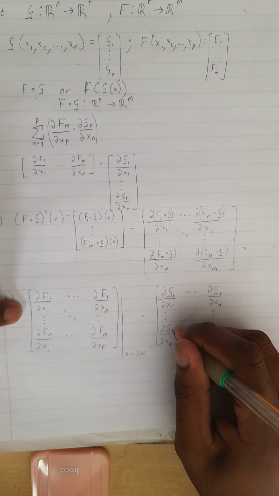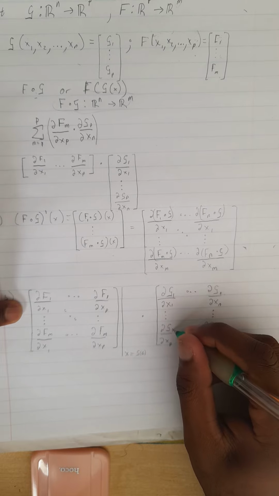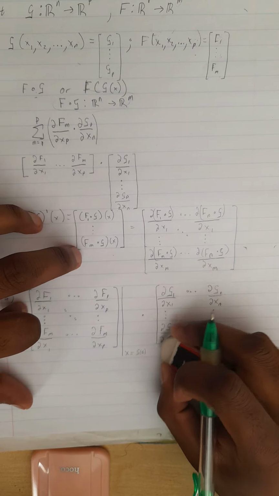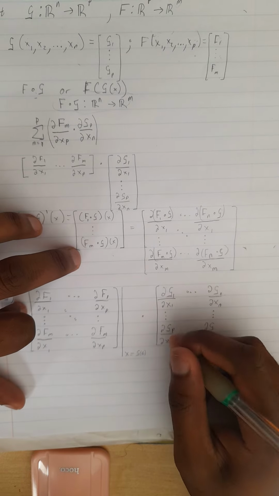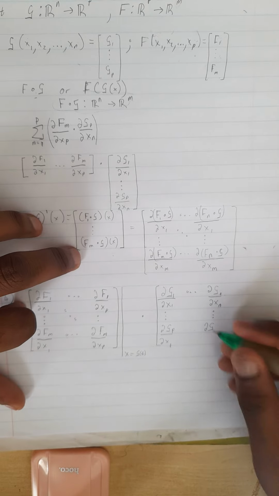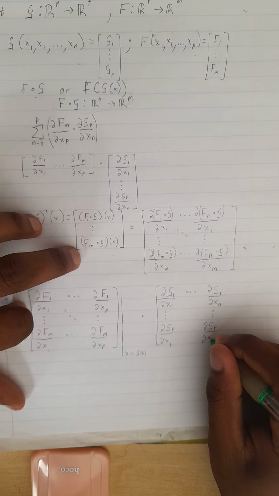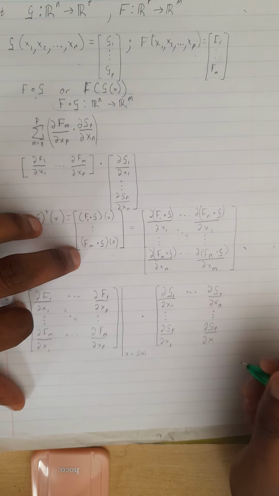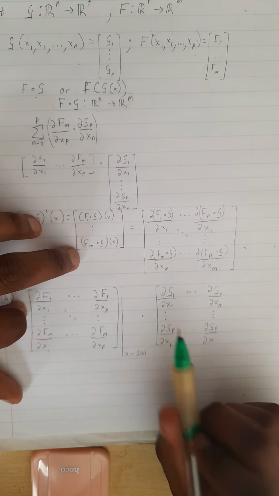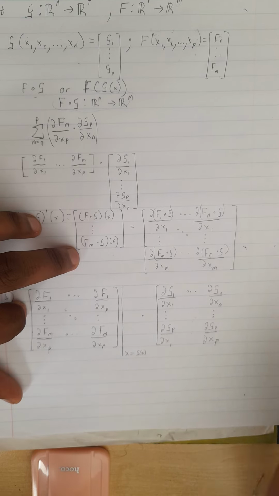We have p outputs. So the partial derivative of gp with respect to x1 up until the partial derivative of gp with respect to xn.